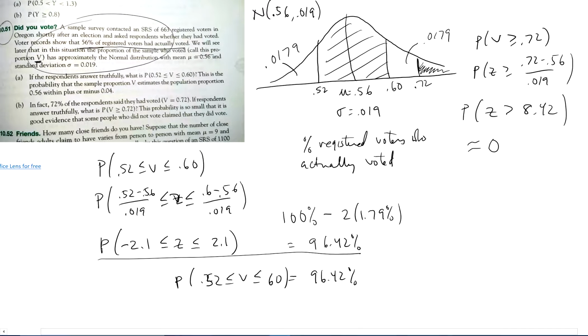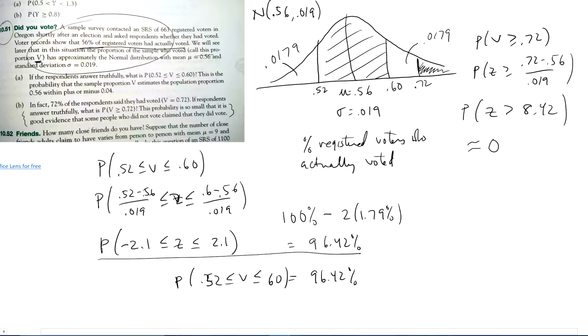So let's take a look at what this means practically, because this is where we're heading later on in the course, which is really the meat and potatoes here. If respondents answer truthfully, what's the probability that it's greater than 72? Essentially 0. There's really no chance of that happening.